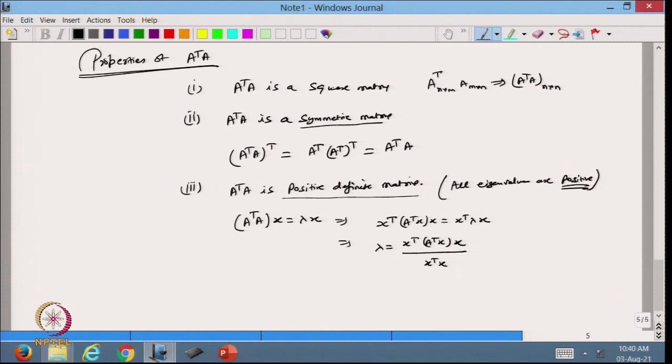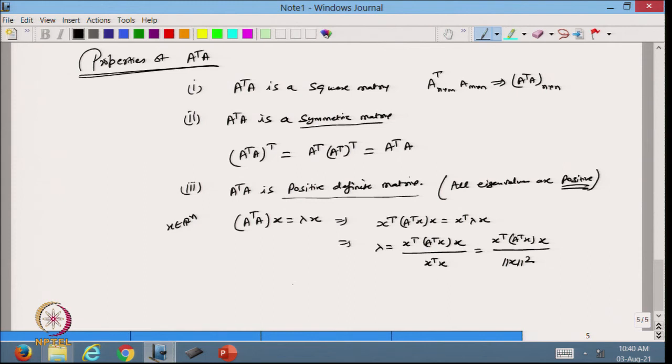Now x is a vector, so x belongs to Rn. So I know that this can be written as the norm of x square, because this is just the magnitude square of the vector x.